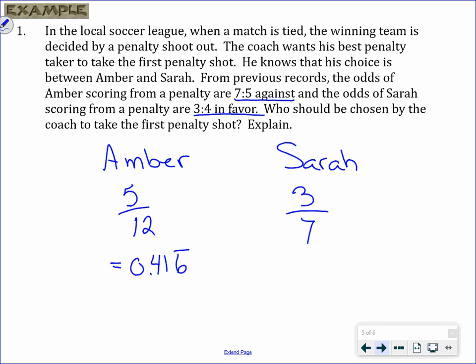So because Amber was against, that's why we took the second number, and Sarah is in favor, that's why we took the first number for our probability. So with Sarah, if we divide 3 divided by 7, we will get 0.4285, so 429. So they're very close, but Sarah has the better chance of scoring than Amber does, just by a little bit.